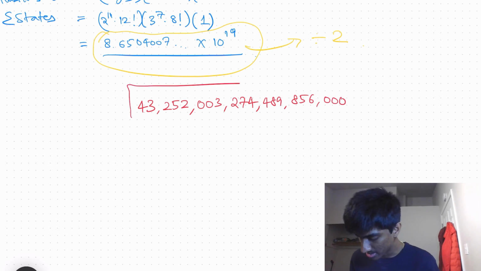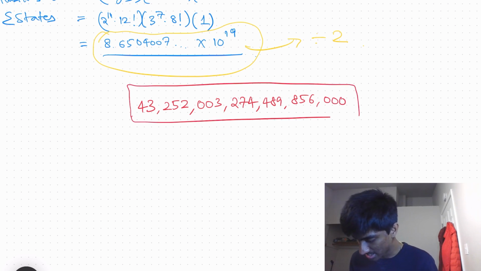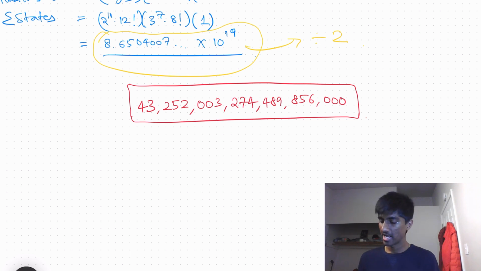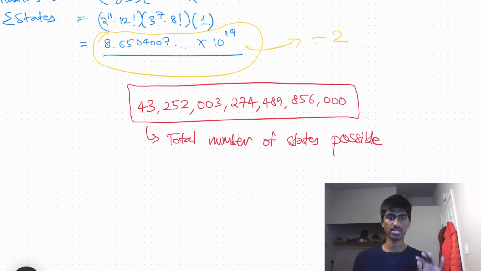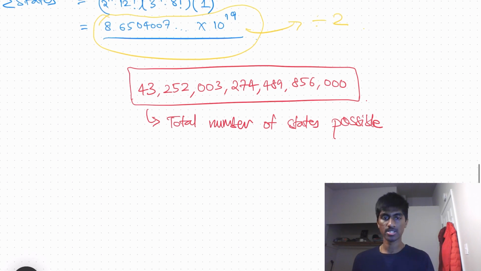And that, my friends, is exactly how you arrive at the total number of states possible. I should say possible because this includes all of the stuff we just discussed. Means there are impossible states on the Rubik's Cube, right? So this is the total number of states possible on the Rubik's Cube.